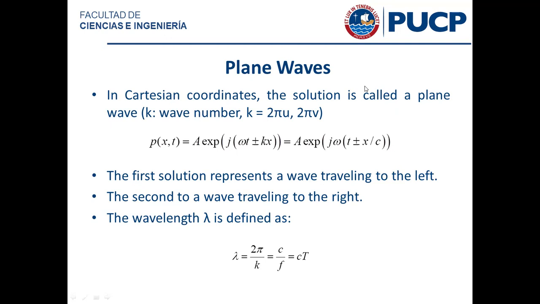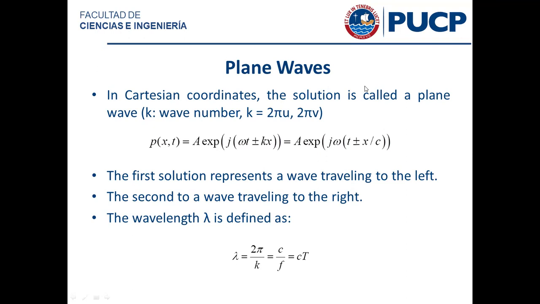Equivalently, that is c divided by f, or c multiplied by T, where T is the period of the signal. We have an oscillatory signal at a given frequency f or an angular frequency omega, so it has a period that we call capital T.